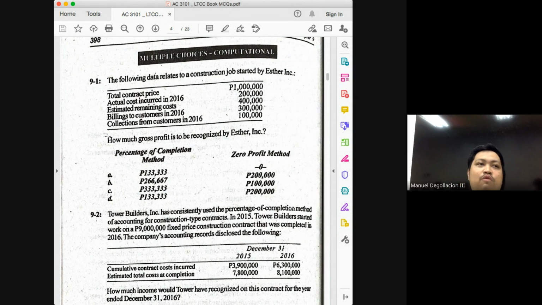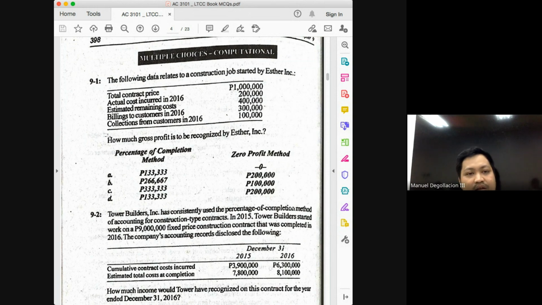Okay, and if you go over the given, does it give you the cost at completion? The answer is no. So you will also have to solve for the cost at completion. But if you understand what cost at completion represents, then you should be able to solve it. What does cost at completion represent?